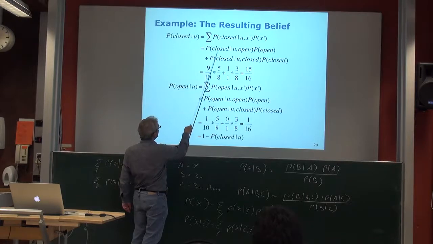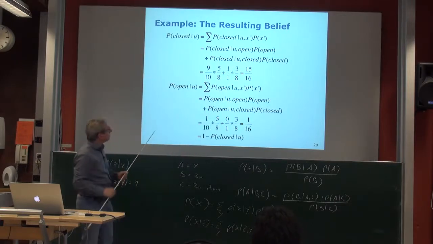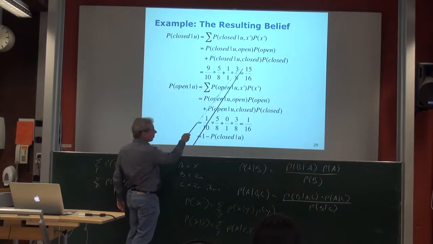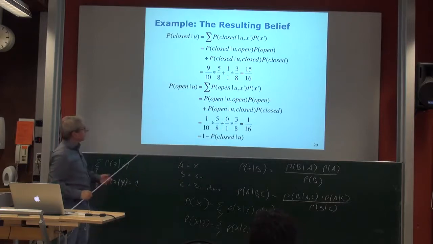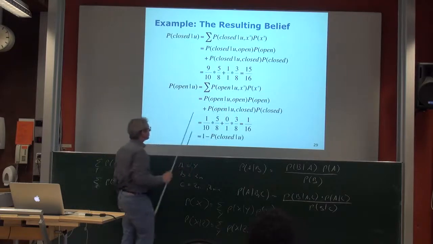So it would be about both cases of the door: p of being closed given u and the door was open before, times p of open, plus p of closed given u and closed, or not open, times p of not open. And these are all quantities we have, right? These are the priors that we got from our perception system.